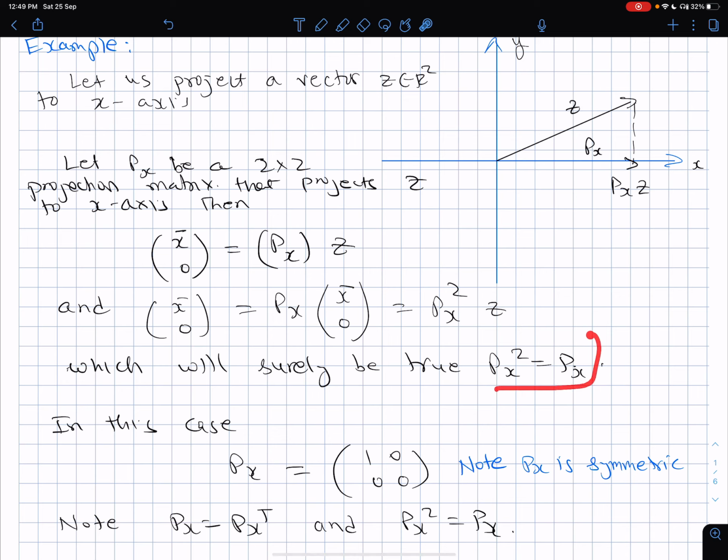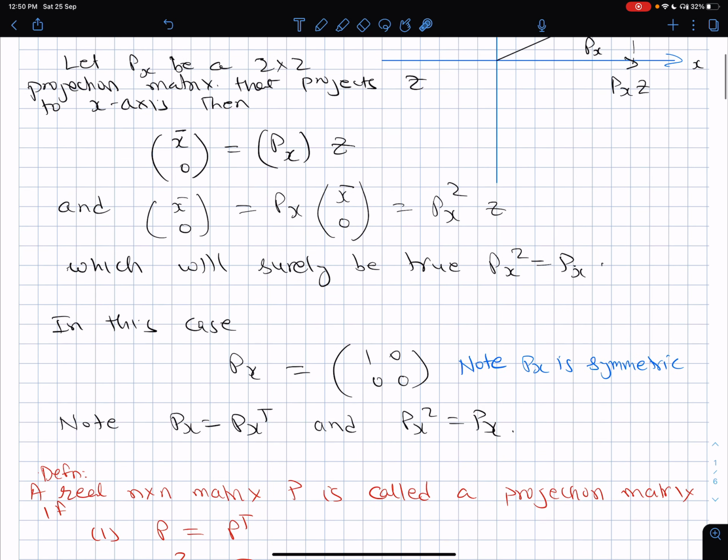So if P is a projection matrix and you project it once, you get some z bar wherever you have projected. Then you project it again, you will retain the same thing if P square is equal to P.